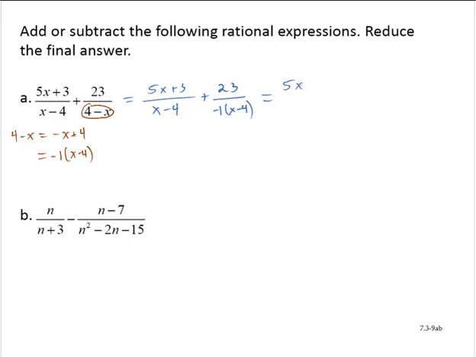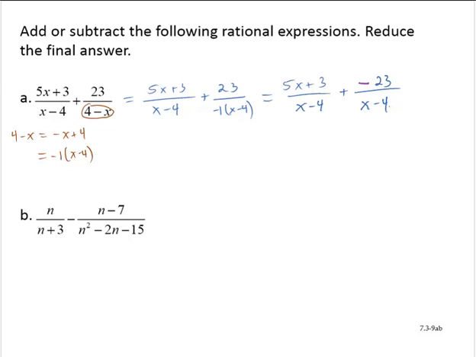So we have 5x plus 3 over x minus 4 plus negative 23 over x minus 4.